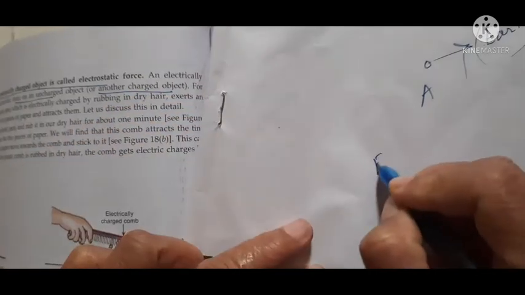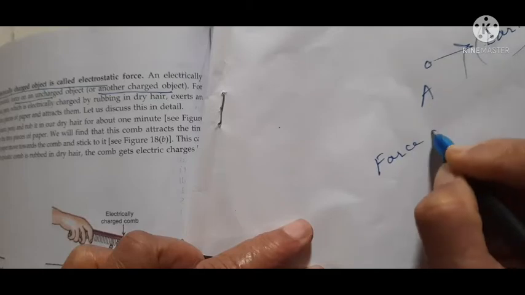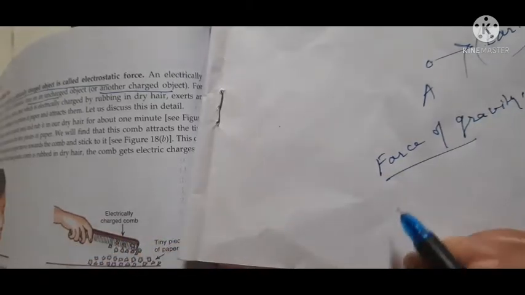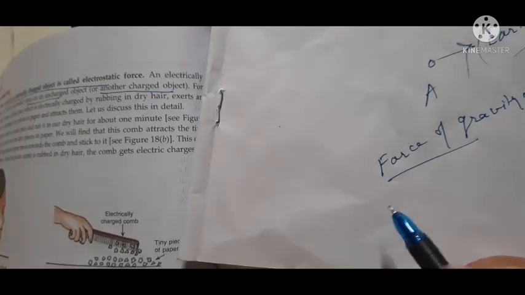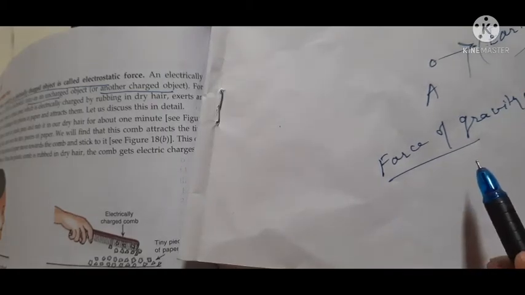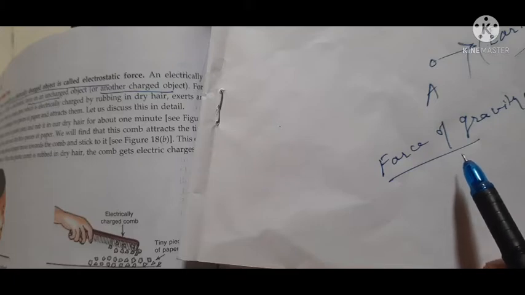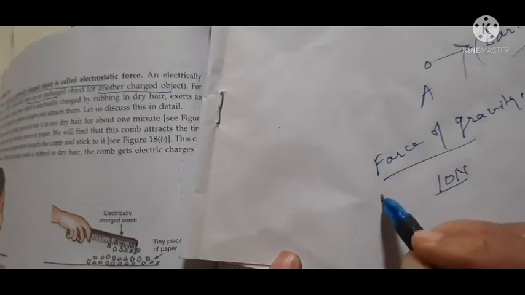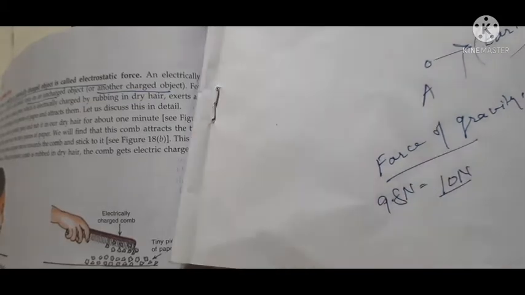And that force, the gravitational pull exerted by the Earth on all the objects, is called the force of gravity. What is force of gravity? It is the gravitational pull of the Earth, the force of attraction by which all the objects are attracted towards the Earth. This force of gravity is approximately 9.8 Newton, or 10 Newton.